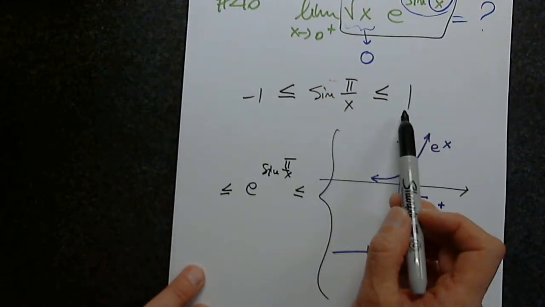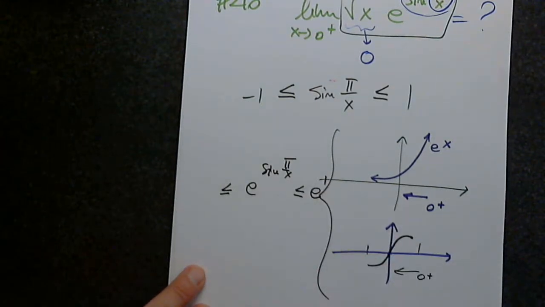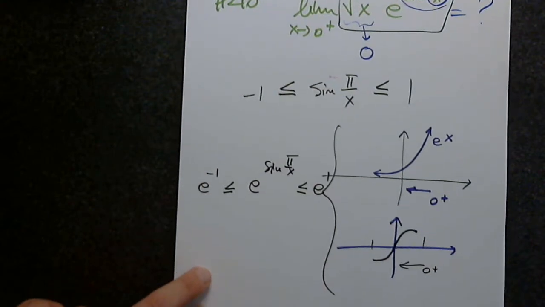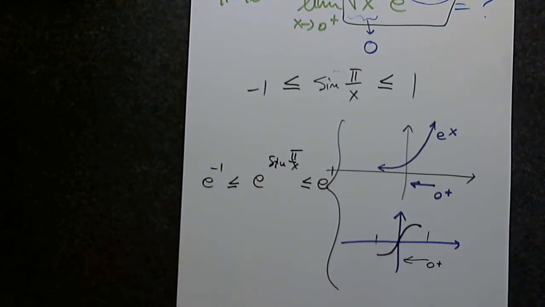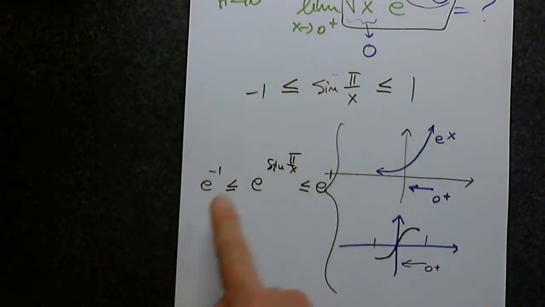So this side, e to this, must be less than e to the first power. And must be greater than e to negative 1. We can look at both sides, really. It's an increasing function around 0. This is increasing, and e to -1, e to sine pi over x, and e to the first power. Everything is increasing.